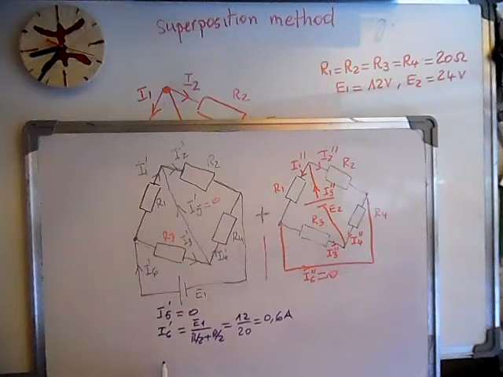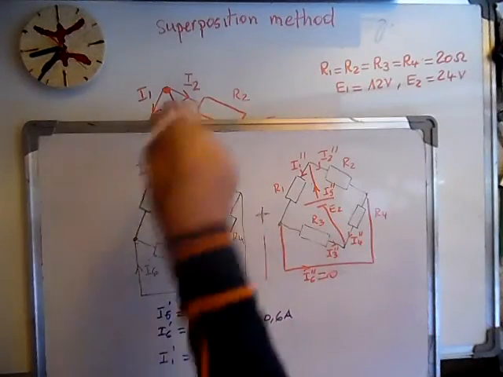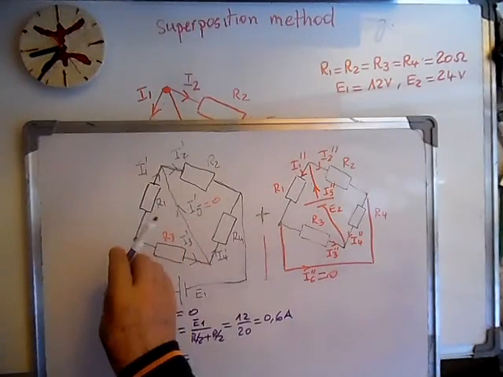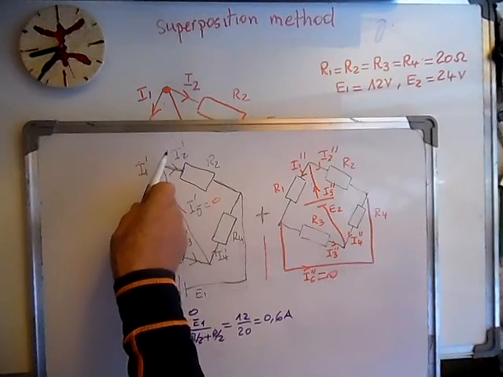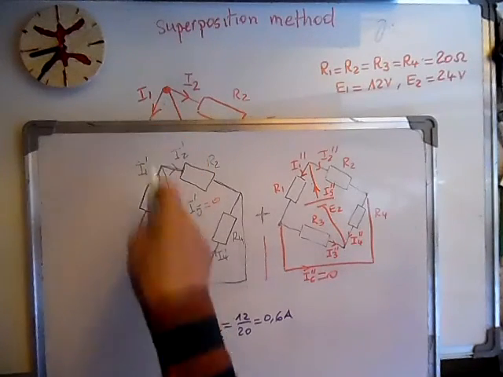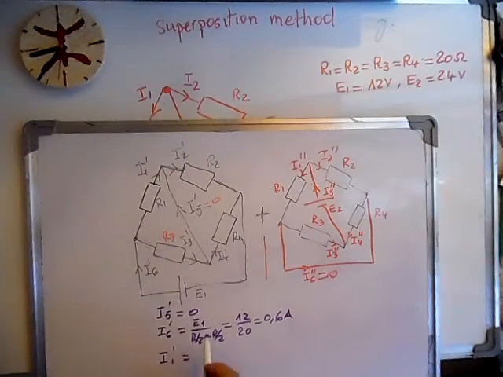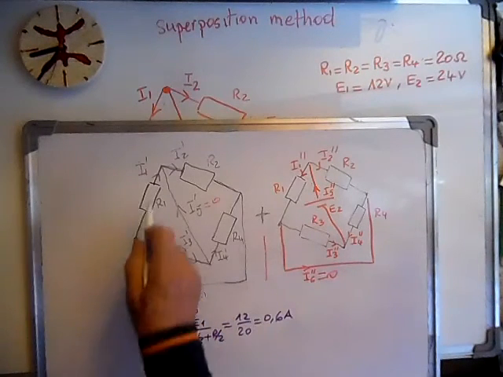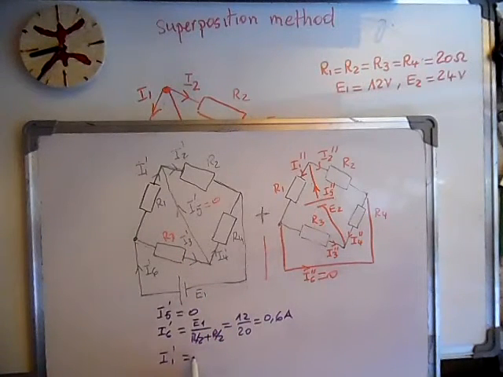We can now calculate I1 prime. It is negative because it is flowing from the negative side to this one, so half of the current will flow here, half of the current there. So we have minus 0.6, and here 0.3 amps.